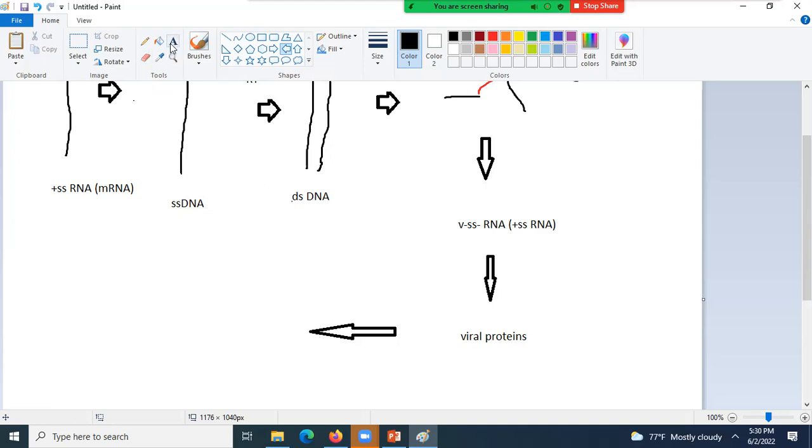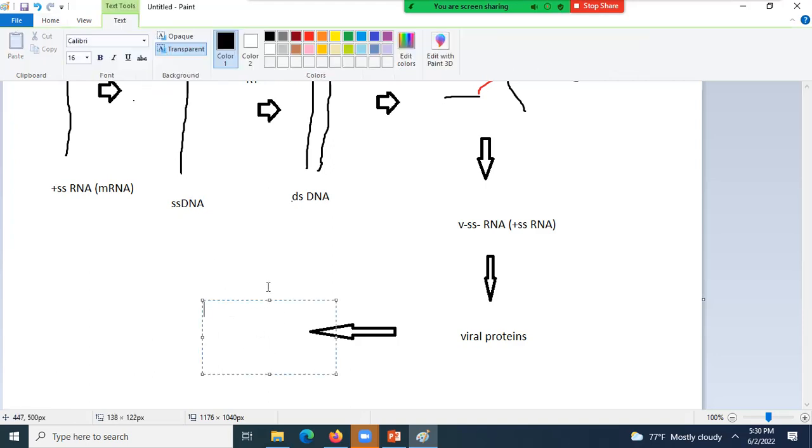And this is RNA, single strand, positive strand.